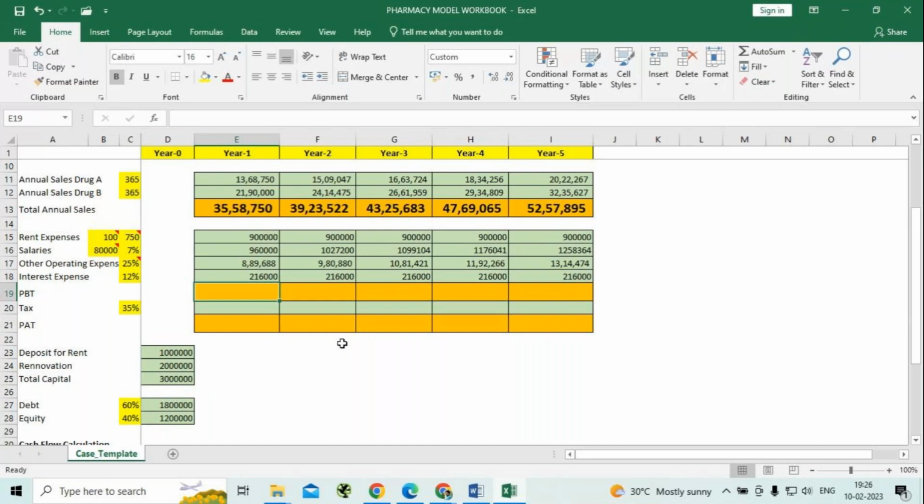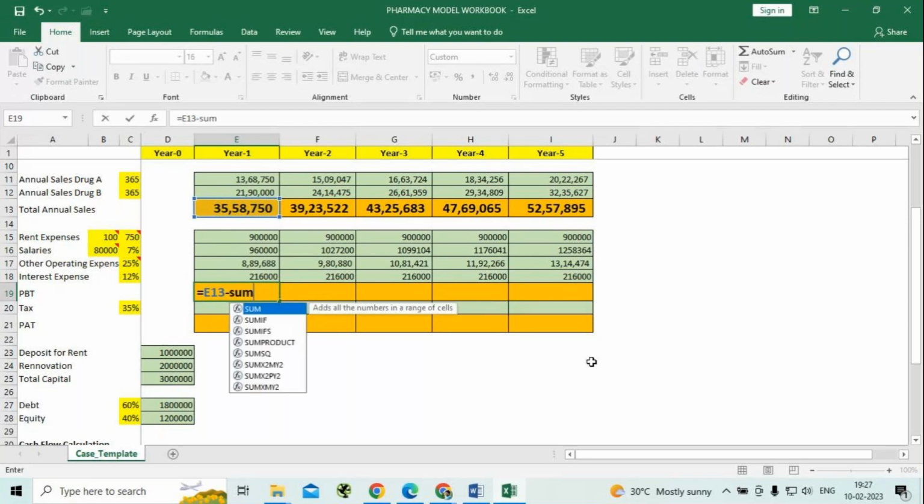The profit before tax will equal the annual sales value minus the sum of all these expenses.